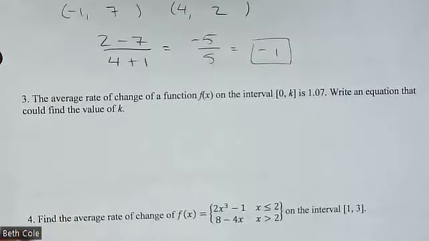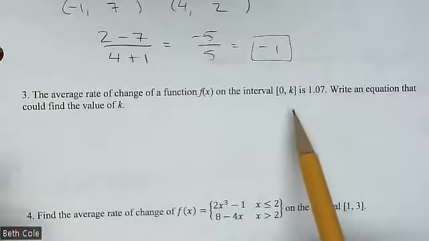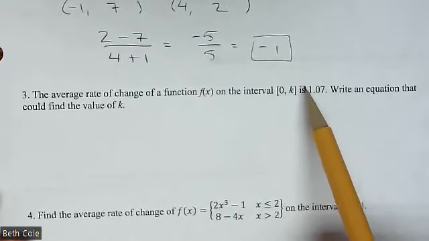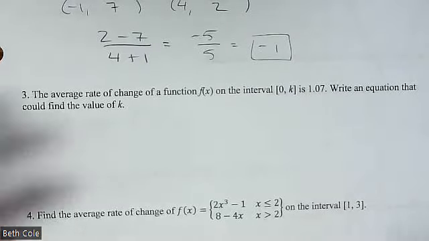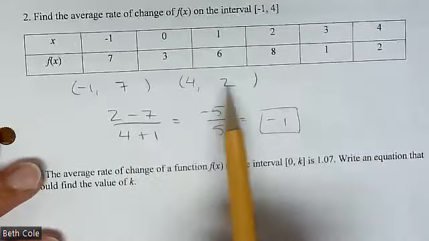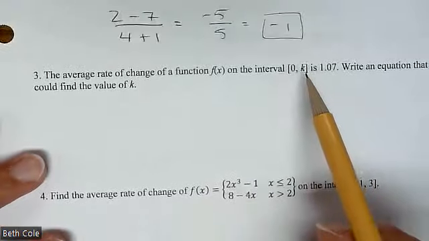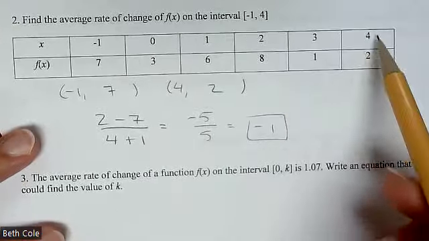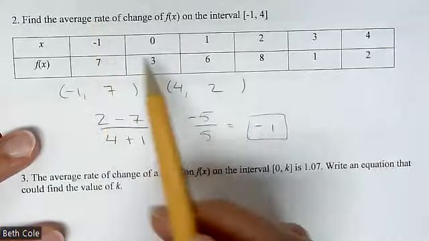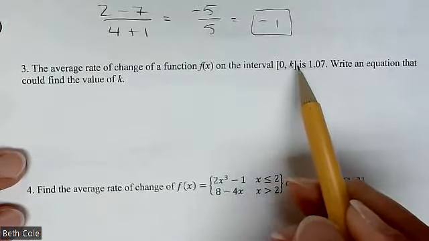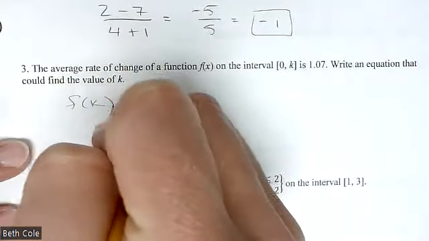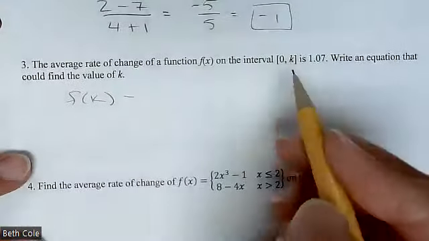Okay, average rate of change on an interval 0 to something that we're calling k. It's like you have the answer, you're just going to do the setup, write an equation that could find k. All right, in the numerator here, they were numbers. You did 2 minus 7, but it was f of 4 minus f of -1. We're just going to write it out in the general format. So it would be f of k minus what?